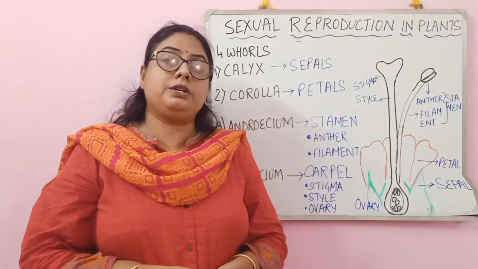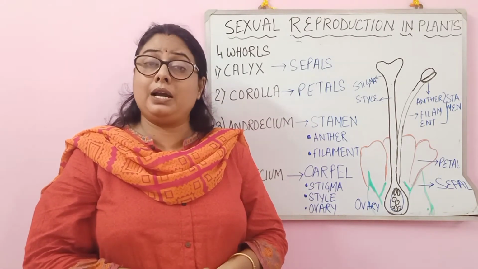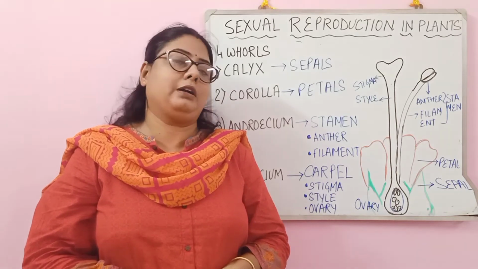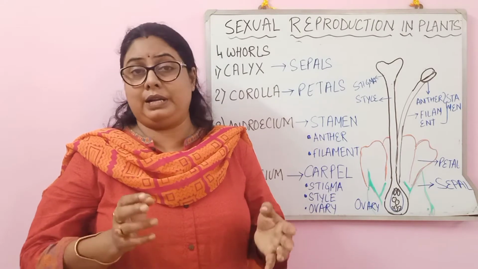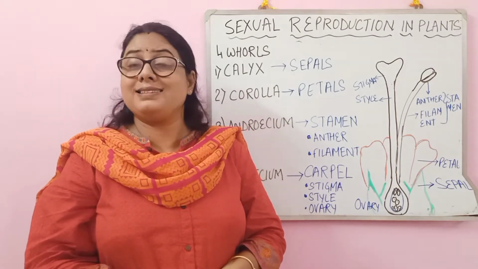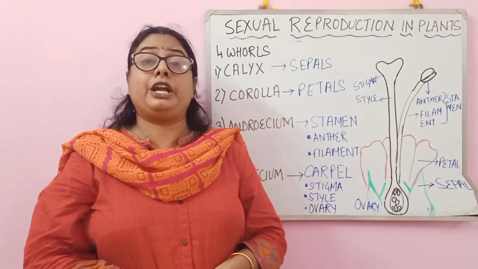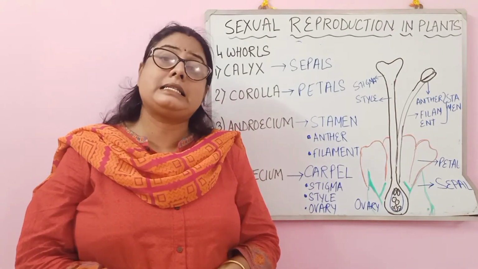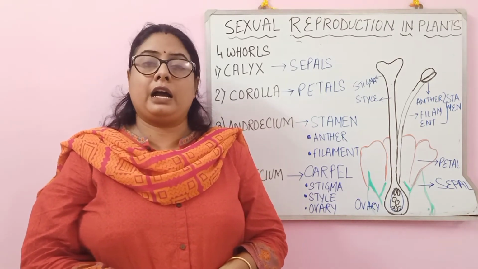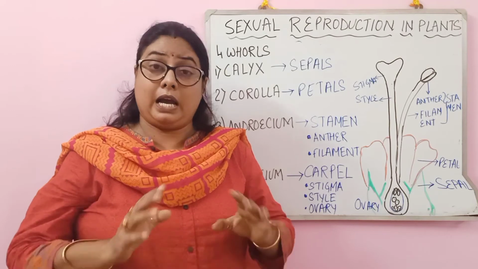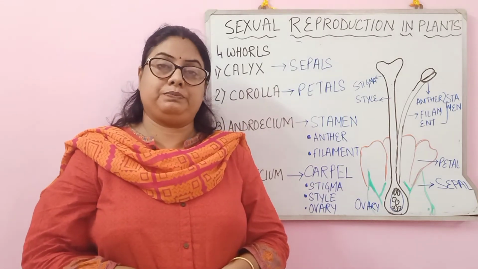Then the layer interior to them is the male and the female reproductive structure. The male reproductive structure collectively is known as androecium, which consists of individual units called stamens. A flower can have multiple stamens, and those stamens taken together form the androecium.